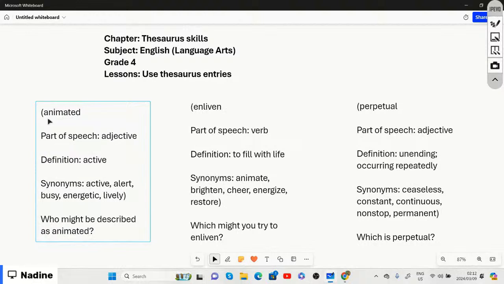And the definition of enliven is to fill with life.